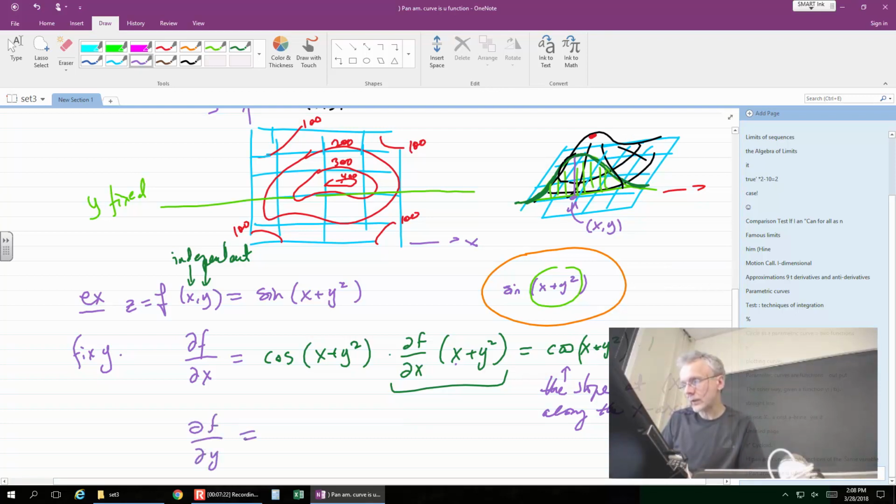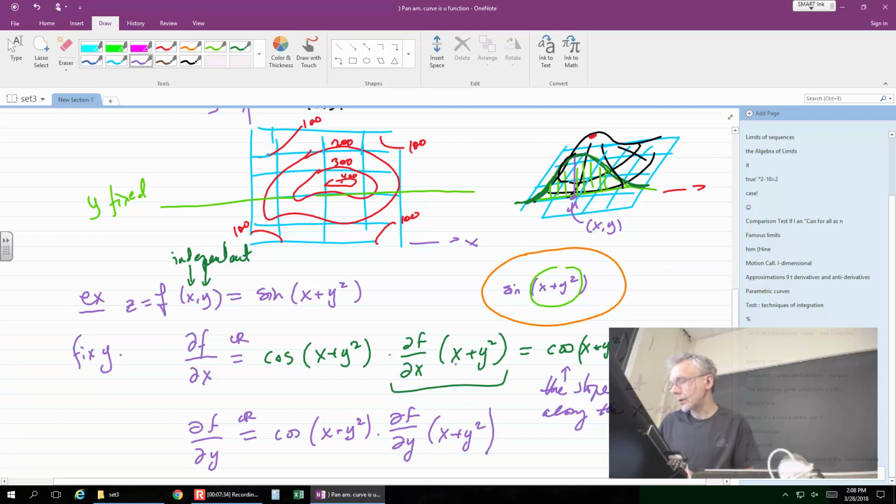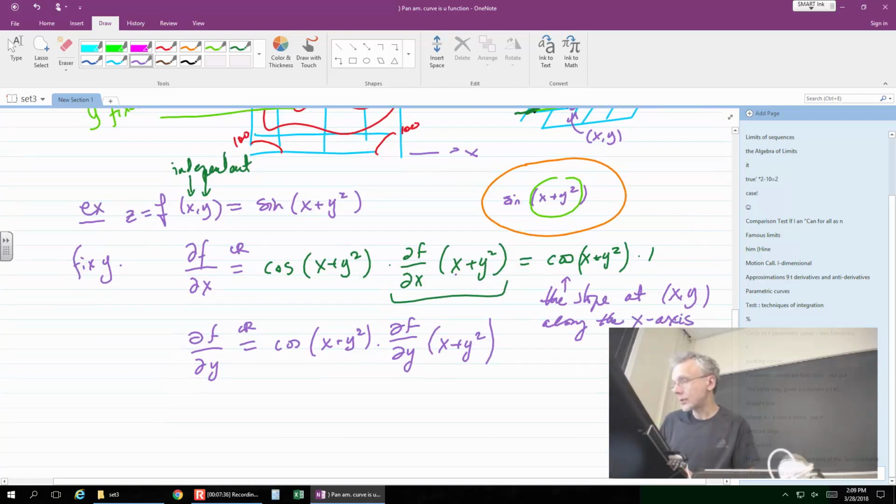So once again we differentiate by the chain rule. We still have cosine of x plus y squared, df dy this time, of x plus y squared. So now the attitude changes right away because now we are dealing with the same function, x plus y squared, while we're differentiating with respect to y, not x. So what's the answer?